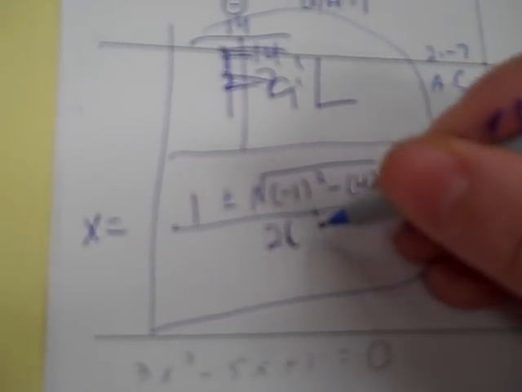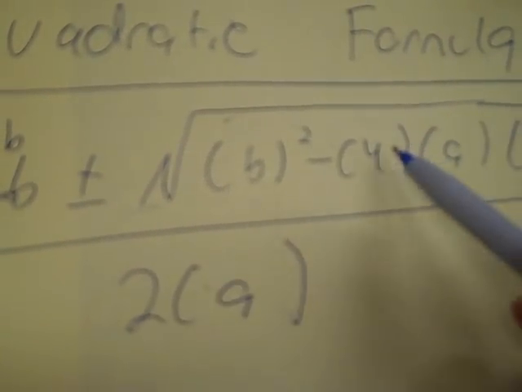And C is negative 7. It's got a minus in front of it, it's a negative. Over 2A, so I put a 2. You always have a 2 there. By the way, if you have a number on this sheet, they're always going to be there. And A is 2. Okay, that's all you need to do today.